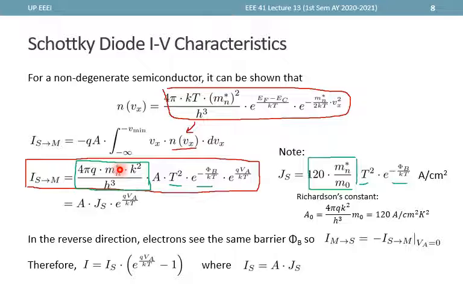So we'll have to multiply by m naught over m naught and factor out mn star, absorb the m naught in the numerator, and plug that in for the Richardson's constant. So this 120 here is in amperes per cm squared Kelvin squared.